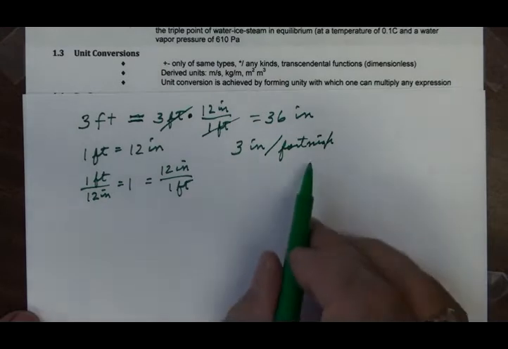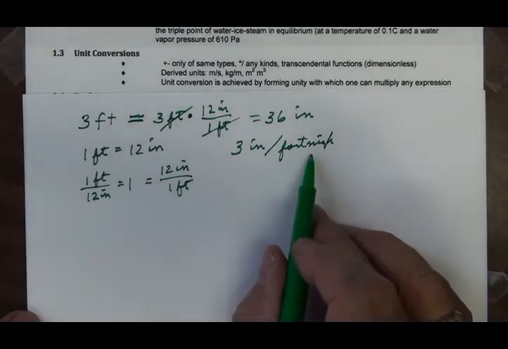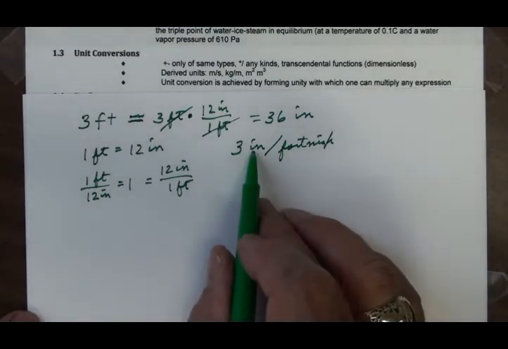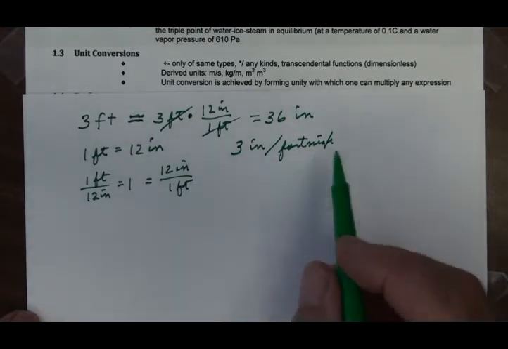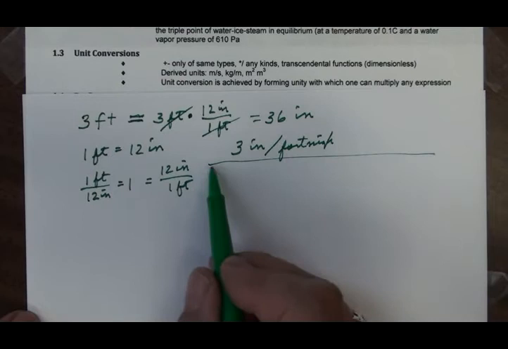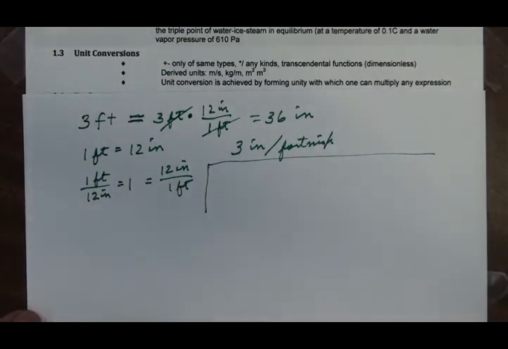And take the fortnight, which is 2 weeks, convert it back to seconds, take your inch, convert it back to meters, and see how fast this snail is moving in terms of meters per second. And you can do your conversion that way. Well, how do we do those long types of conversions? Well, let's suppose we were going to do one that's a little bit simpler. I'll leave that as a challenge for you.